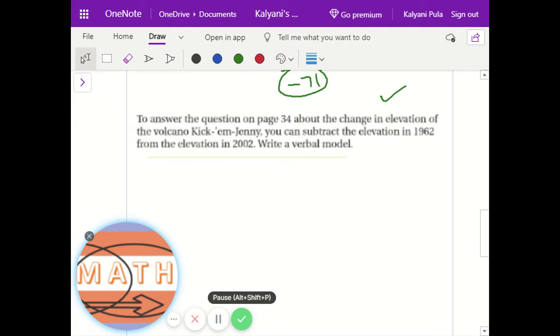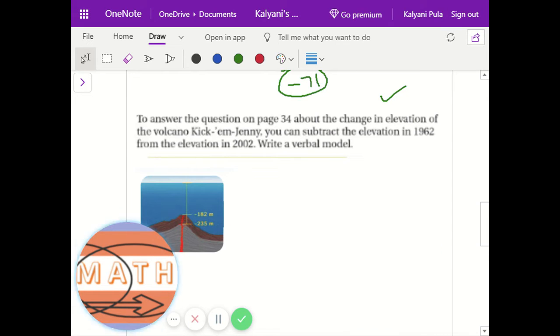We're going to use the information from before. So I'm going to put that one up right now. All right, can you see the picture? So now look at this one. Let's find the change in elevation from 1962 to 2002. Let's look into that.